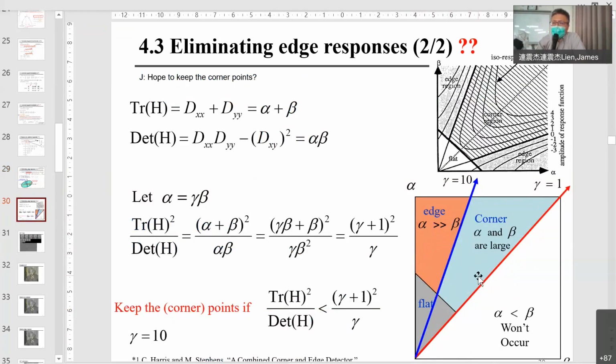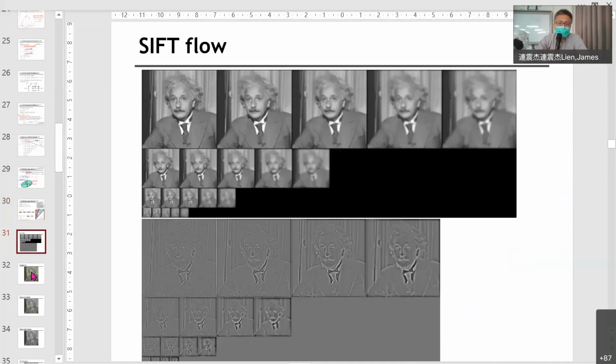If both are large, that means it is a corner. Corner means there is big texture in both directions. So we delete the others and only keep the corner region. That's the first step.